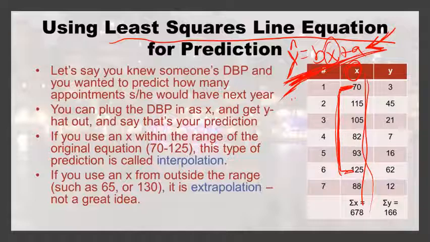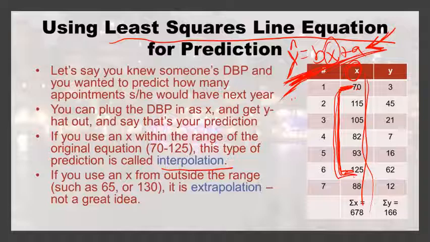Okay, so when it falls within this range from 70 to 125, it's called interpolation, and it would be good to use. As long as your value is within that range, you should be able to get a pretty predictable y hat, okay? And that might come somewhat close to however many appointments that person is probably going to require in the future.